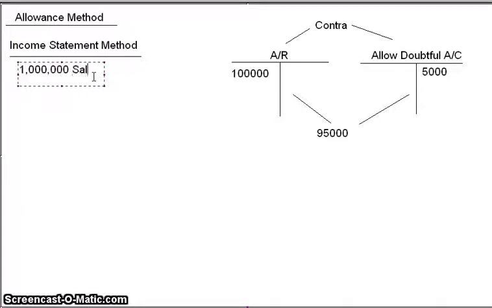Traditionally, based on the fact that you've been running this business for so many years, maybe 3% of people don't pay you. So you multiply $1 million times 3%, which is your estimate of how many people are not going to pay you, and you come up with an allowance for doubtful accounts number of $30,000.